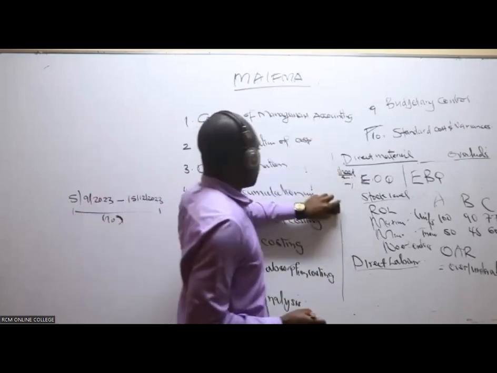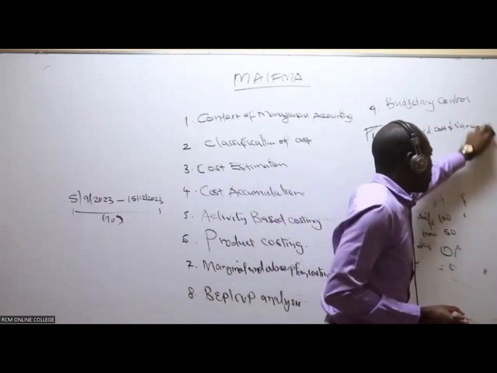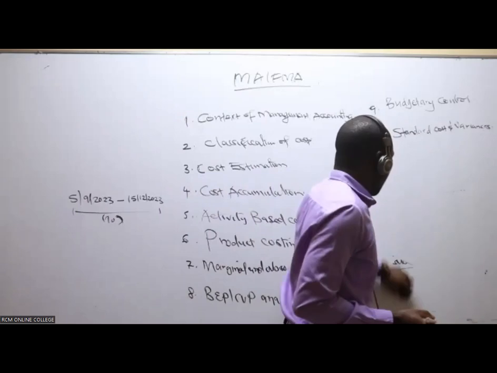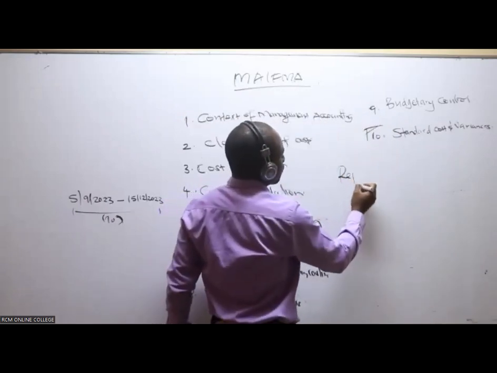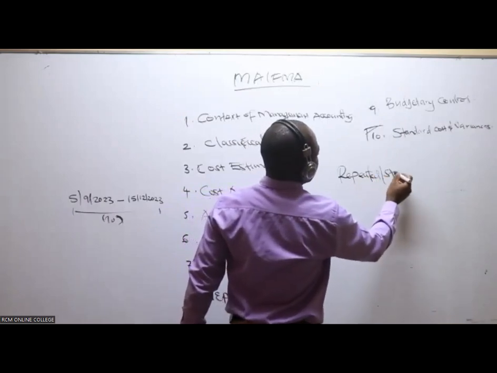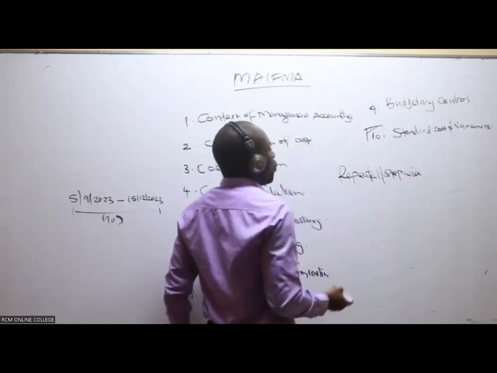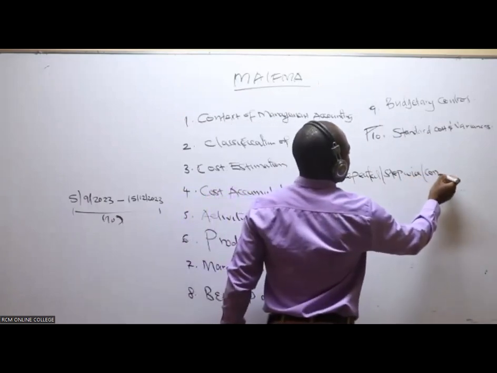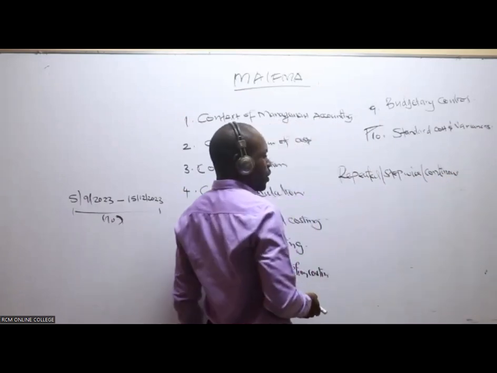It's done by use of two methods. And what are these two methods? We have the repeated, or stepwise, or continuous allocation method.